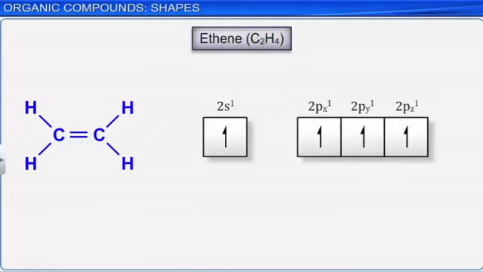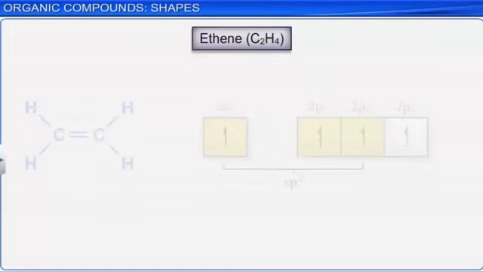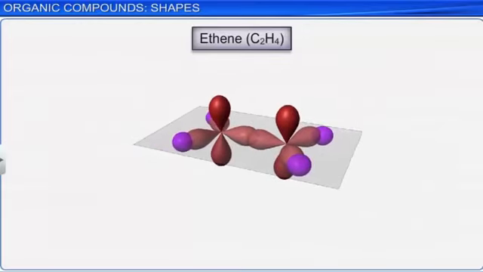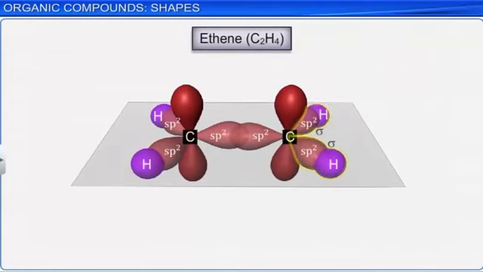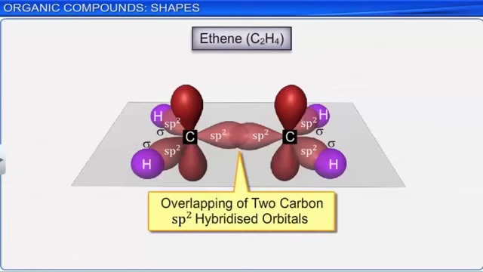In ethene, each carbon atom undergoes sp2 hybridization. 2 sp2 hybrid orbitals of each carbon atom overlap with each of the 1s orbitals of 2 hydrogen atoms to form 2 sigma bonds respectively. The remaining sp2 hybrid orbital of a carbon atom overlaps coaxially with a similar sp2 hybrid orbital of the other carbon atom to form a strong carbon-carbon sigma bond by sp2-sp2 overlap.